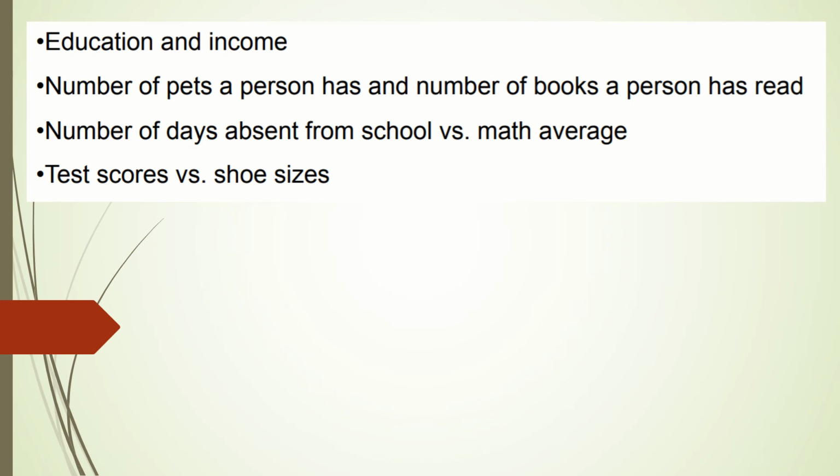So if we look at education and income, here's how we're going to measure this. We're going to look and say, as education increases, so the more education we get, generally speaking, what happens to income? Well, income is the money that you make. So the higher you go in education, usually, what do you think? Is there a relationship between that and what you get paid? Does it make your pay increase?